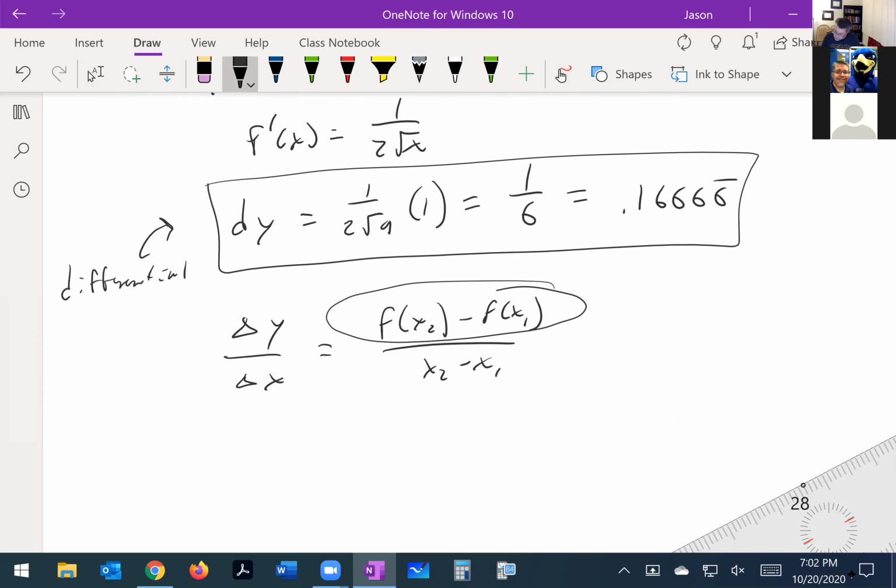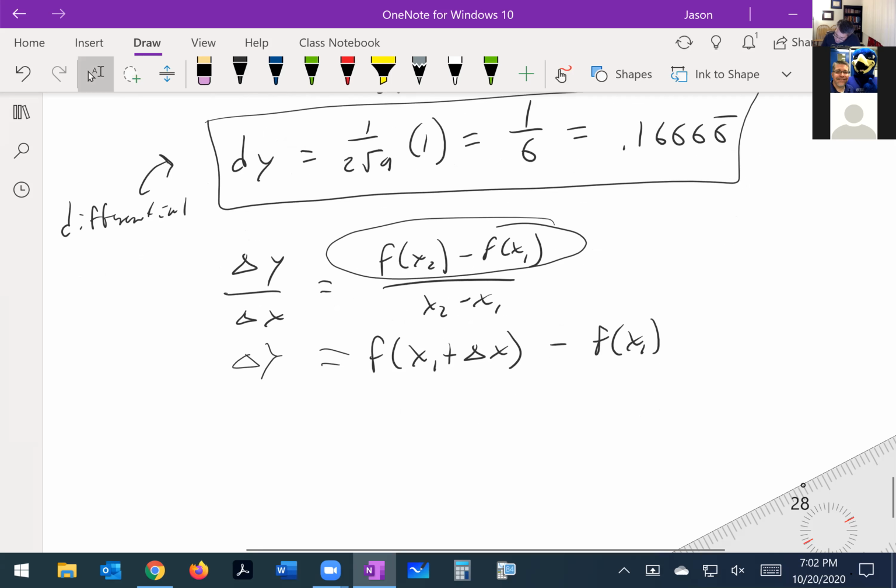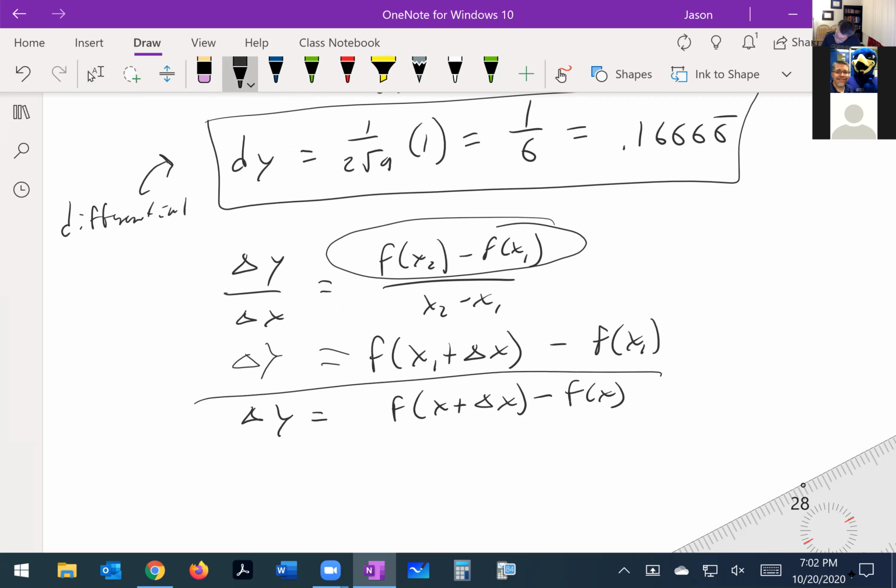We said x2 was x1 plus delta x, so f of x2 is f of x1 plus delta x, minus f of x1. That's delta y. Delta y is equal to f of x plus delta x minus f of x.